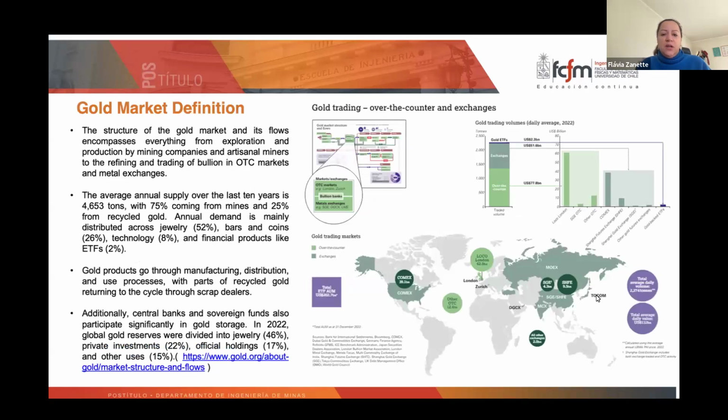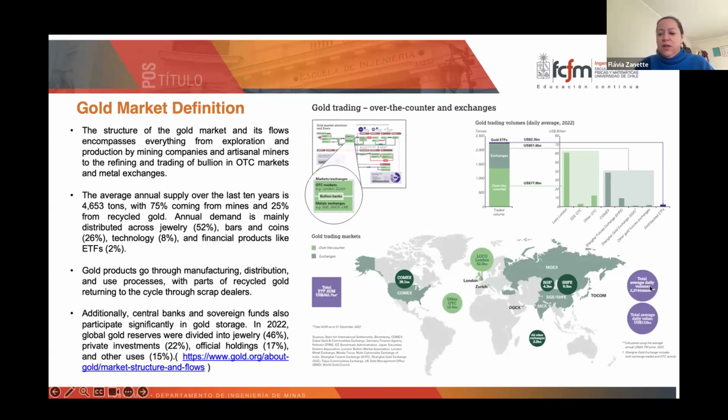I'm going to advance. In this graphic we can see the concentration of the market globally, with the transactions in London, Zurich, and the total volume that we have here in the graphic below.